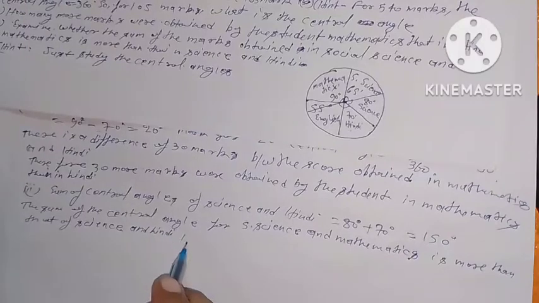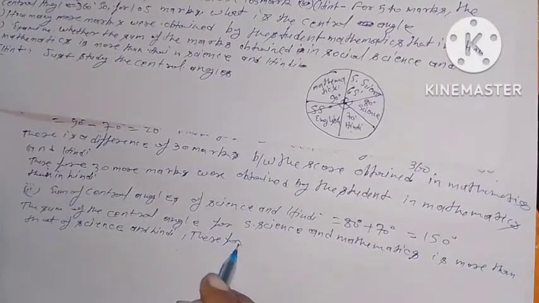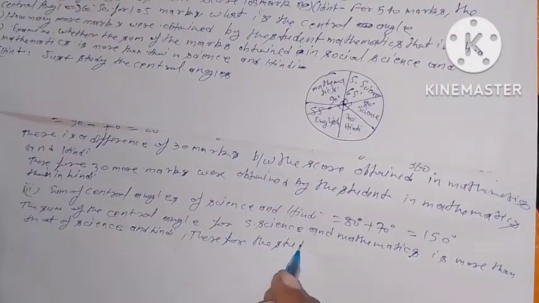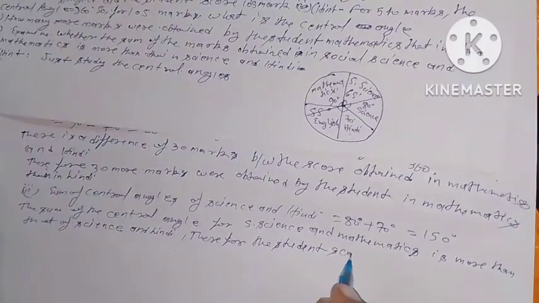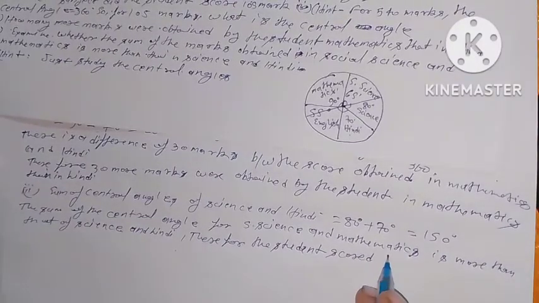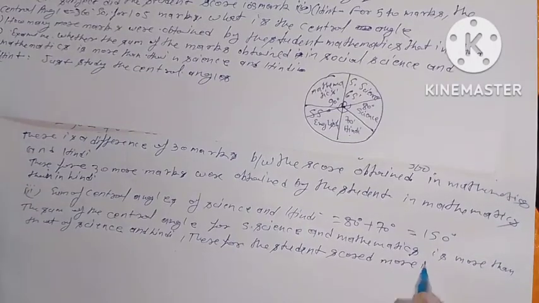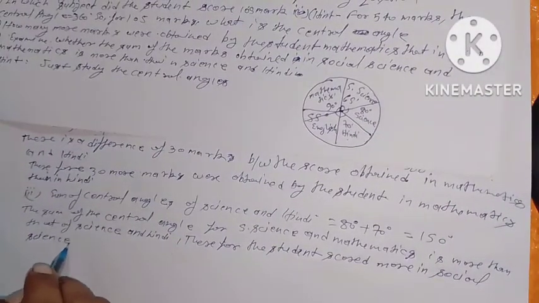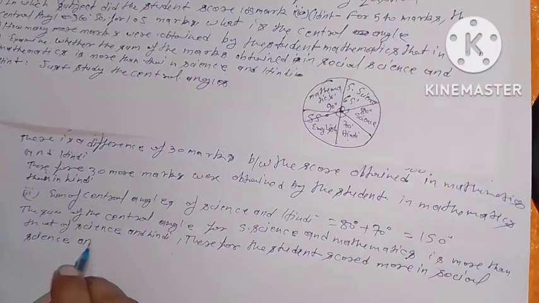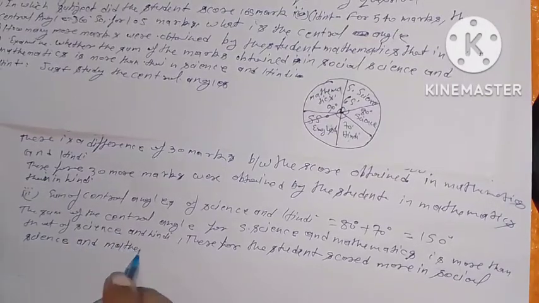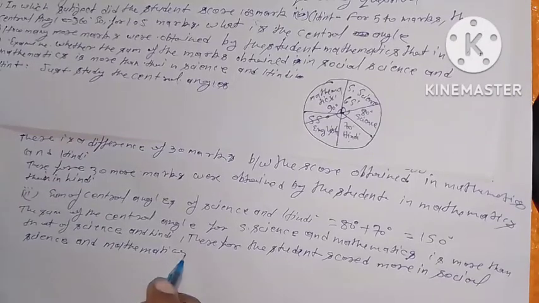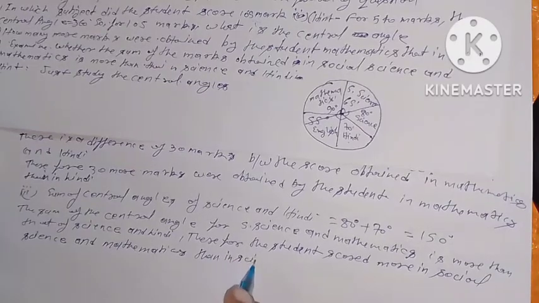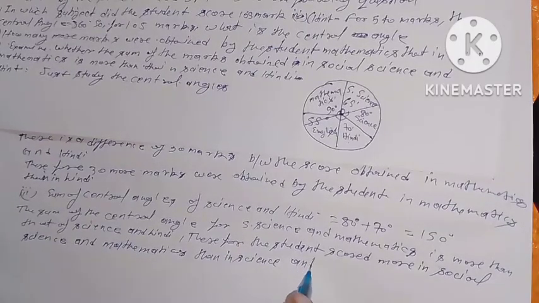Therefore, the student scored more in social science and mathematics than in science and Hindi. Okay.